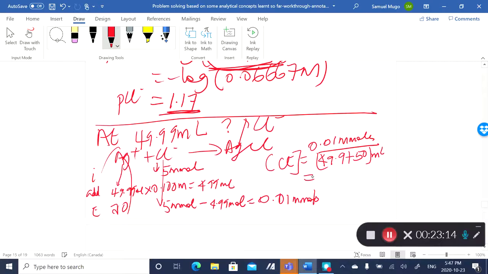And you can see my concentration here then is 0.0001 molar, and then the pCl, meaning the negative log, I won't repeat that again, the pCl is equal to 3.99, and just confirm that the negative log of that.